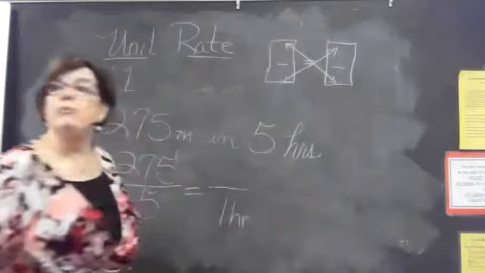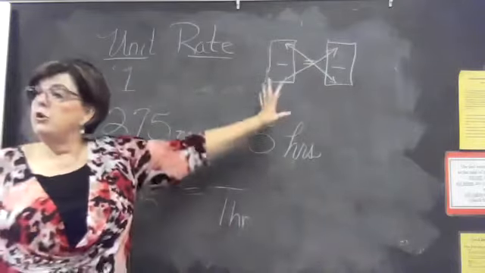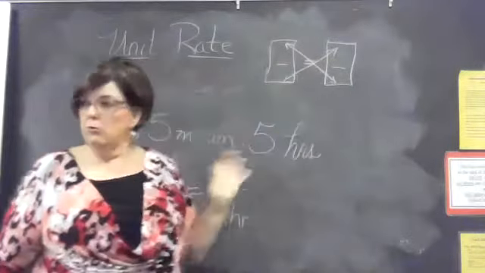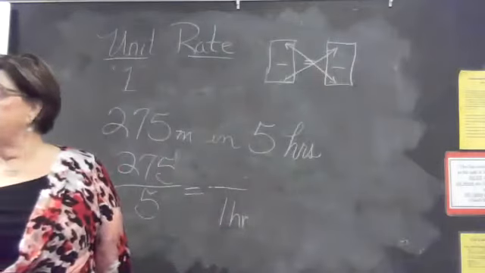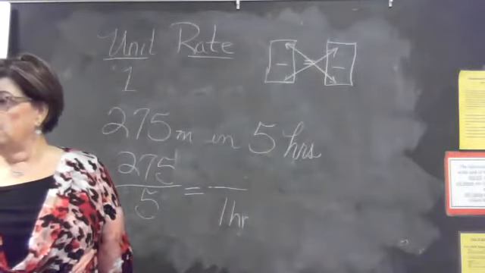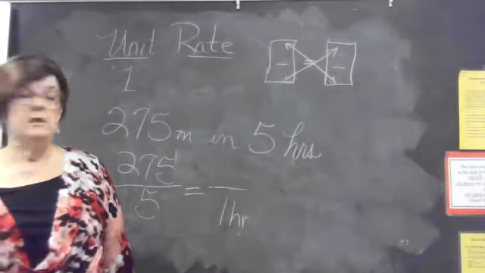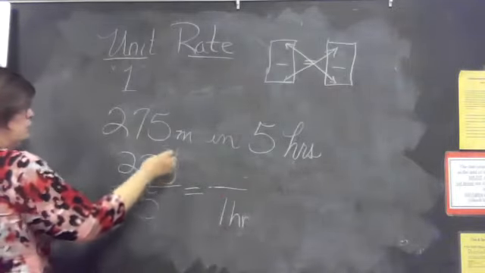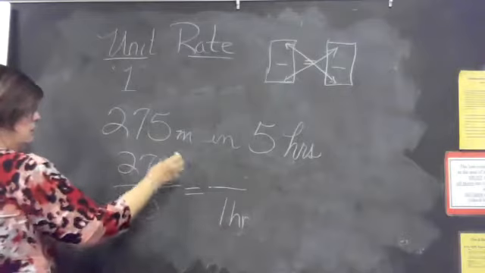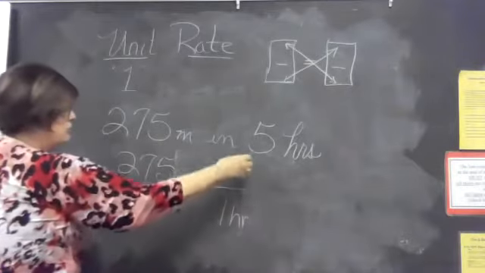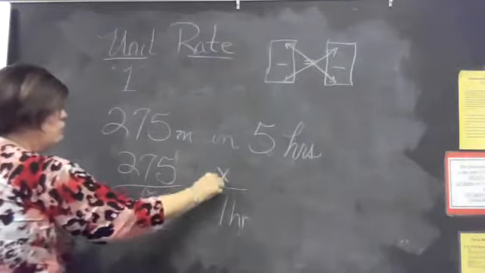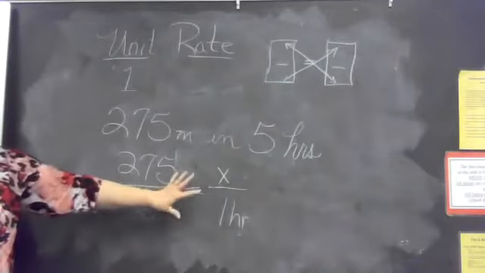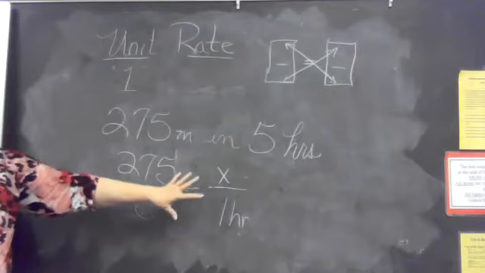A true proportion will work out where the product here equals the product here, always. Okay? Now keep that in mind. This is a proportion. Here's 1 fraction equal to 1 fraction, but we don't know what that is, okay? This takes you into the unit rate and solving proportions, okay?